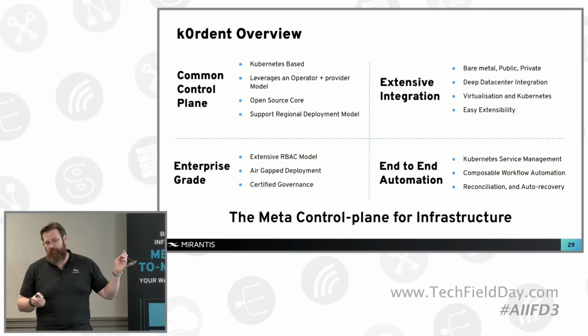And then the last thing I really want to talk about is this idea of end-to-end automation. Kubernetes' key thing is this whole idea of reconciliation. So we're leveraging that idea of reconciliation to provide higher resiliency within the running environments. Because we're able to constantly reconcile environments, if we have a failure of a node, we can leverage the solution to actually auto-recover from failures.